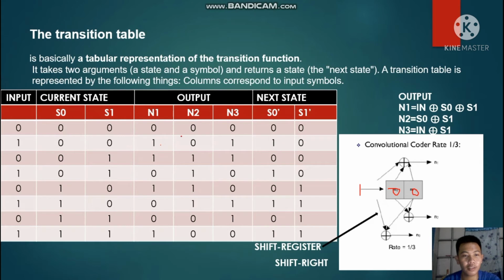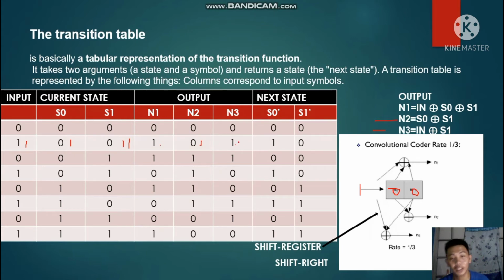So next, for the value of N2, we have this formula, S0 XOR S1. So 0 XOR 0 is equals to 0. For the output of N3, we have this formula, input XOR S1. So we have 1 XOR 0, we have the value of 1.